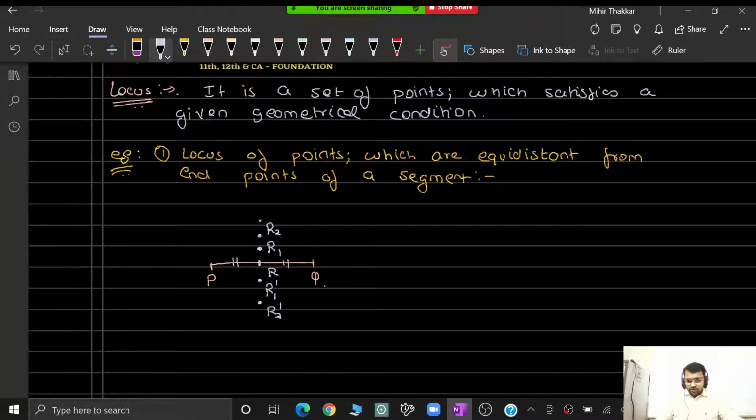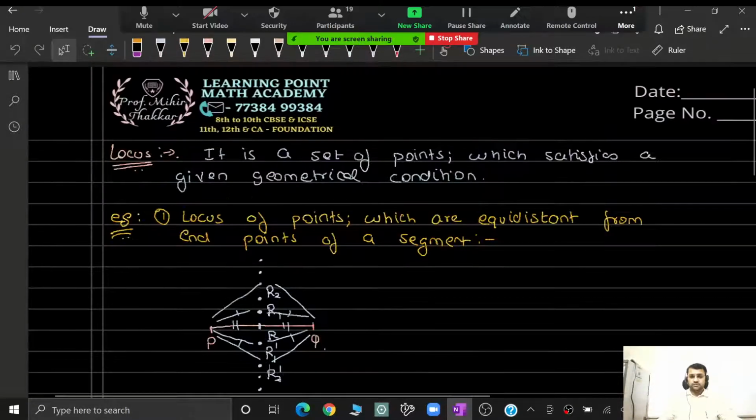If I go on continuing like this, I will get infinitely many points which have to be definitely equidistant from the endpoints of the segment PQ. This will be equal, definitely this will also be equal.